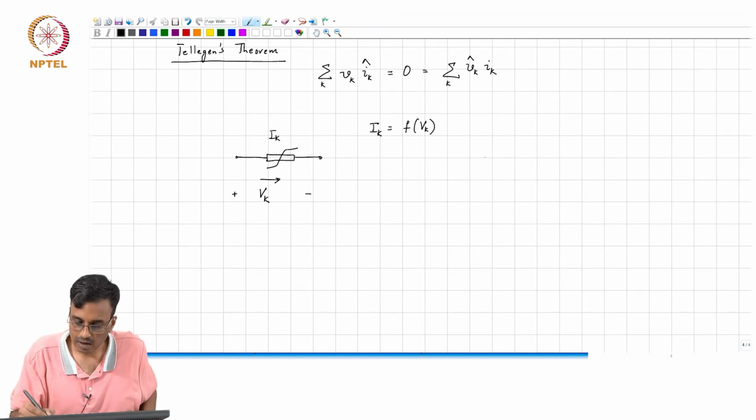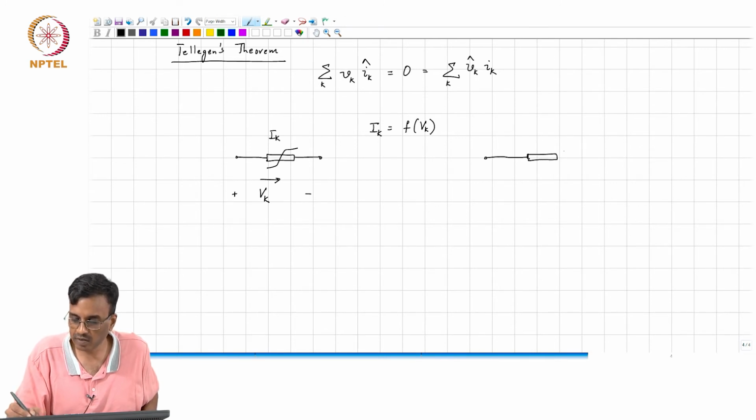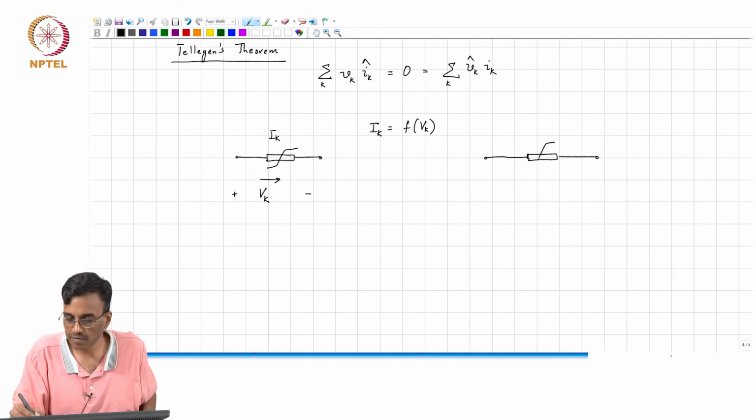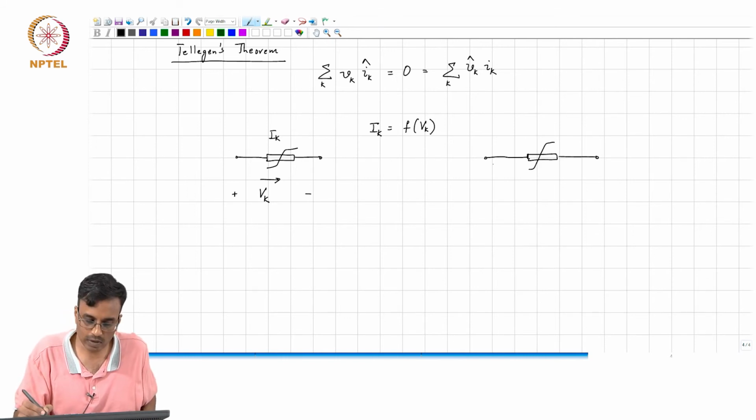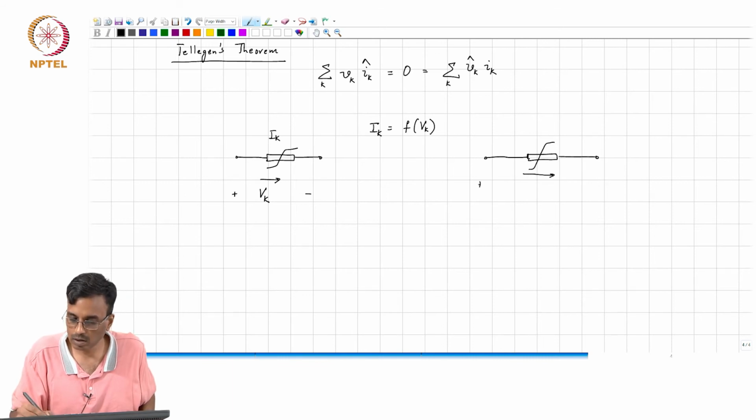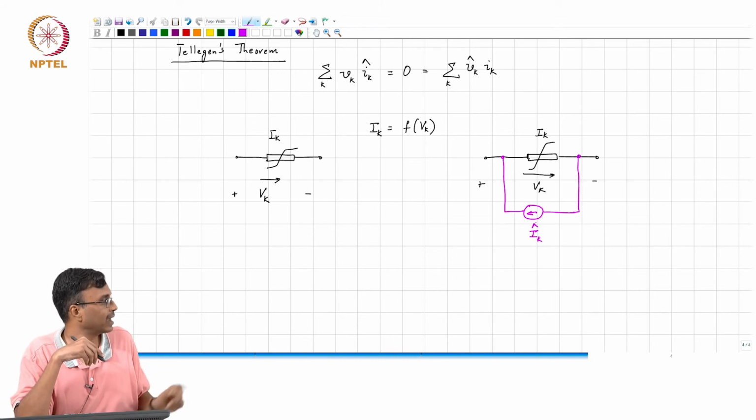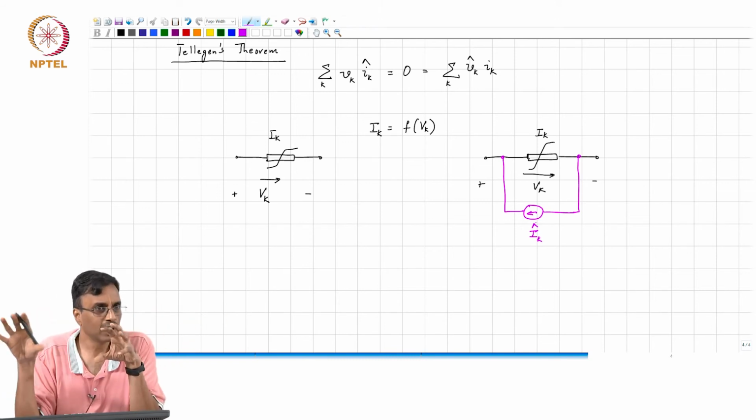And remember that Kirchhoff's laws are not going to change, or the branch voltages and the branch currents are not going to change, if you place in parallel with every branch an arbitrary current ik hat, where this ik hat is derived from another network.